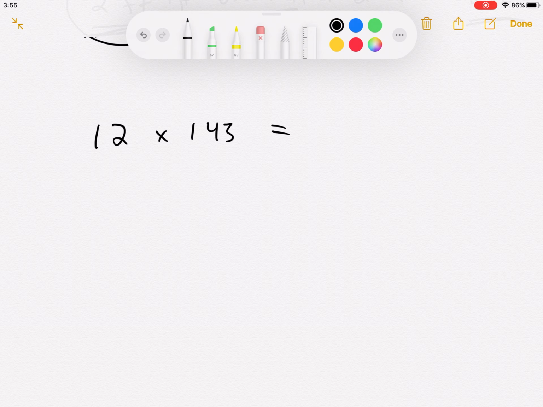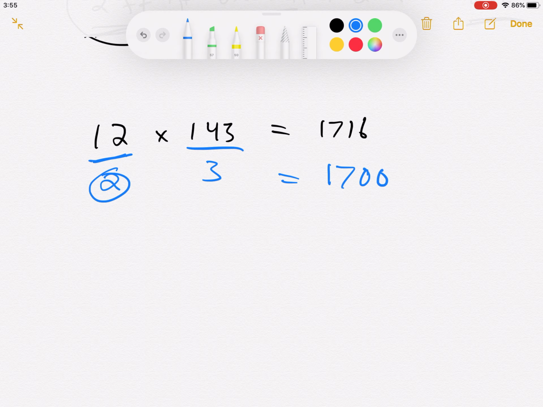Of course, I chose numbers I can't do in my head. So what does that turn out to be? 12 times 143 is 1,716. But this 12 only had 2 sig figs. So this has 2. This has 3. So I'm going to keep 2 sig figs. That's what I keep. So my answer is 1,700. All right.